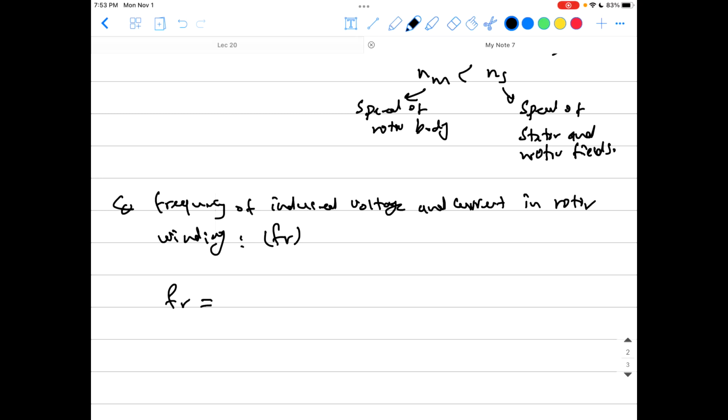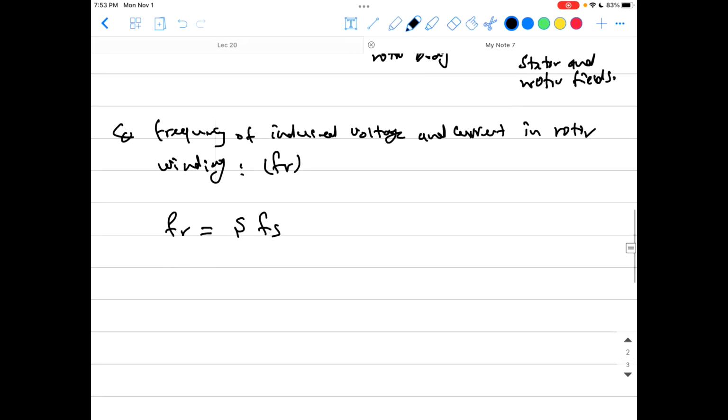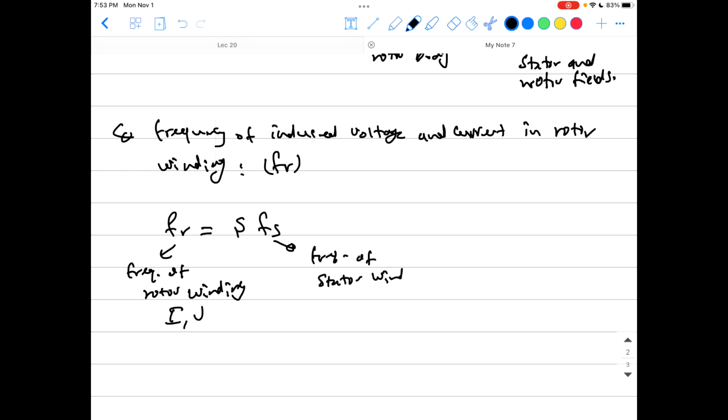F rotor, guys, will equal the slip S multiplied by the frequency of the stator winding. So Fr means the frequency of the rotor winding current and voltage, and Fs is the frequency of the stator winding current and voltage. Okay, guys?